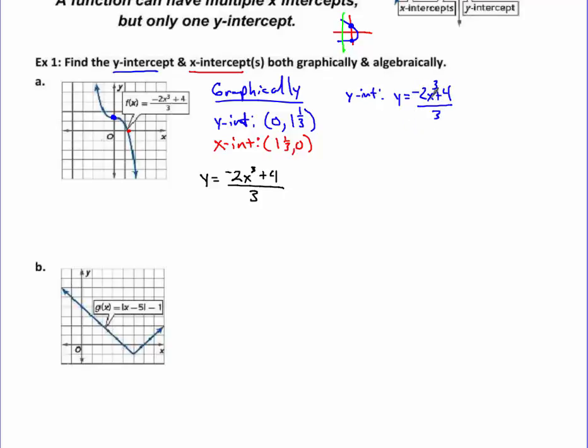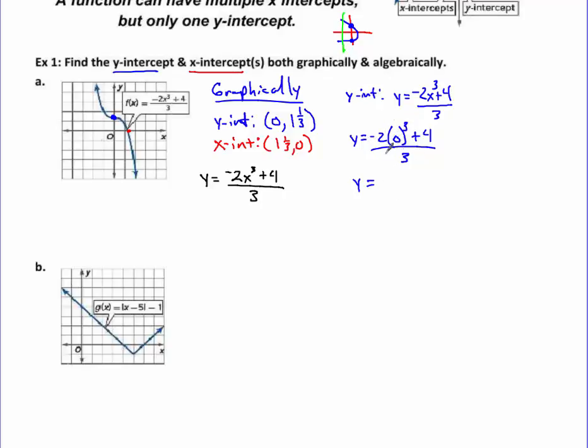And everywhere that there's an x, I'm going to plug in a 0 because I know that a y-intercept occurs when x equals 0. So y equals negative 2 times 0 cubed plus 4 divided by 3. Now I do the 0 cubed first, so 0 cubed is 0. 0 times negative 2 is 0.